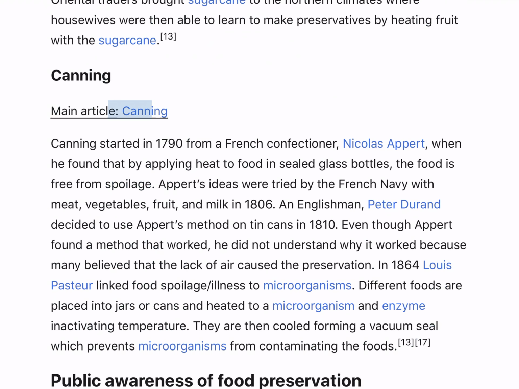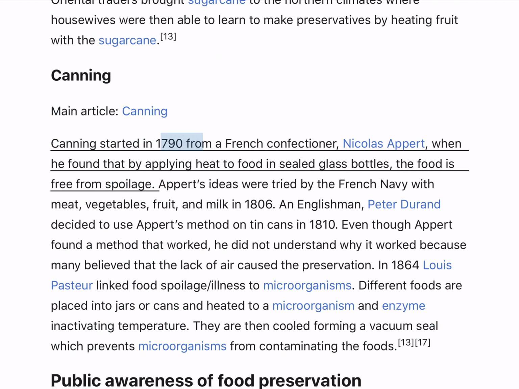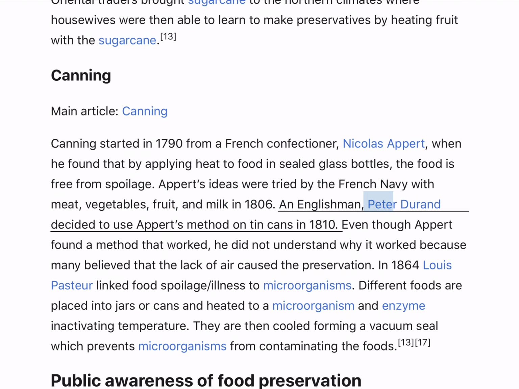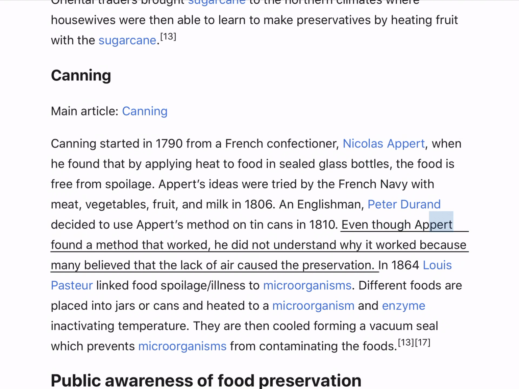Canning. Main article: Canning. Canning started in 1790 from a French confectioner, Nicolas Appert, when he found that by applying heat to food in sealed glass bottles, the food is free from spoilage. Appert's ideas were tried by the French Navy with meat, vegetables, fruit, and milk in 1806. An Englishman, Peter Durand, decided to use Appert's method on tin cans in 1810.